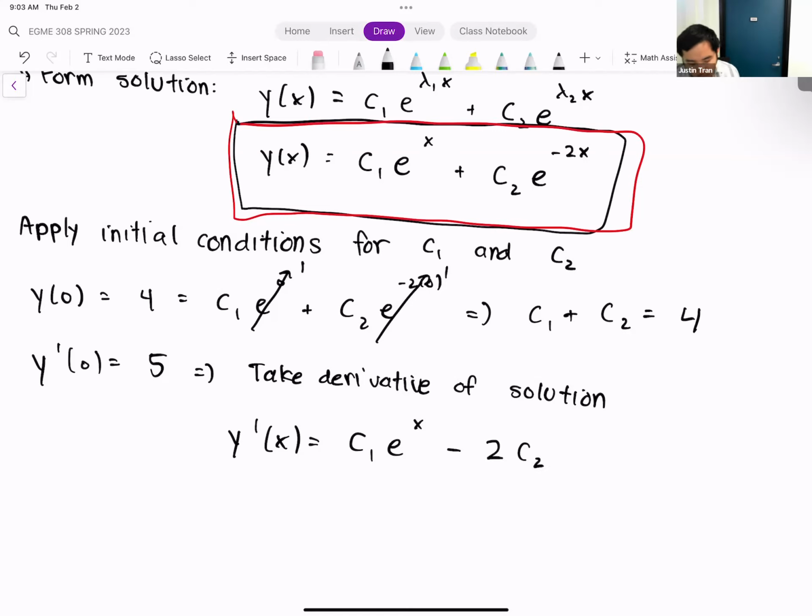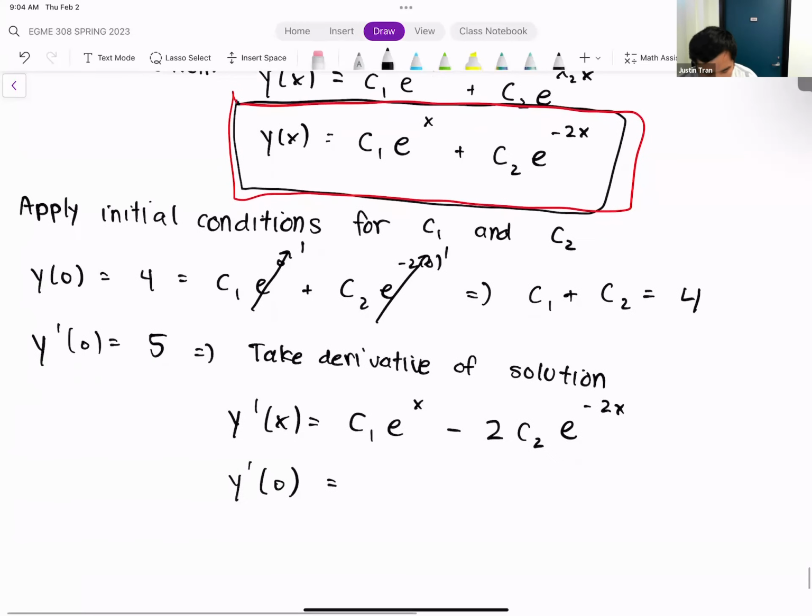So we have minus 2 times C2, and then the derivative of e to the x is just e to the x, and so we have minus 2 C2 e to the minus 2x. So that's the derivative of our solution.